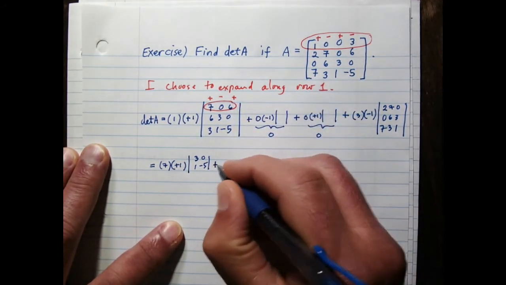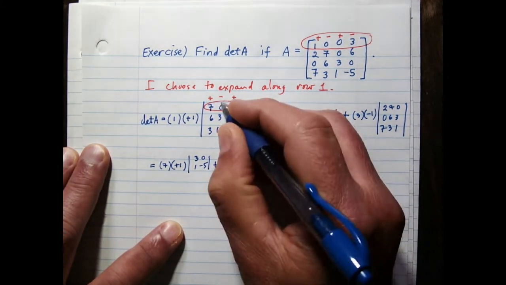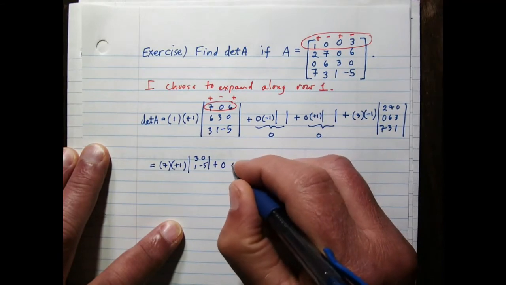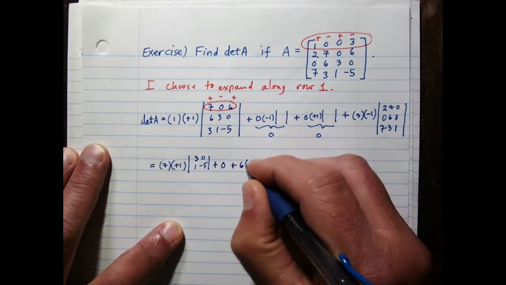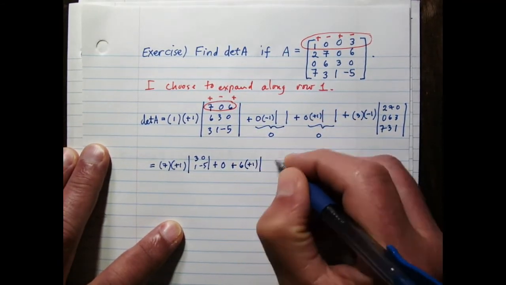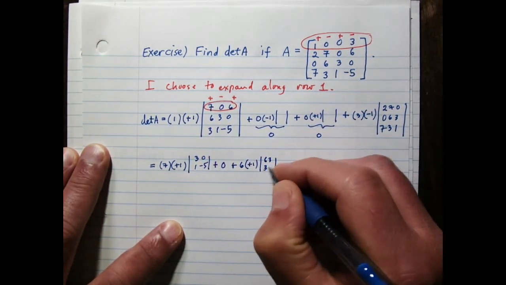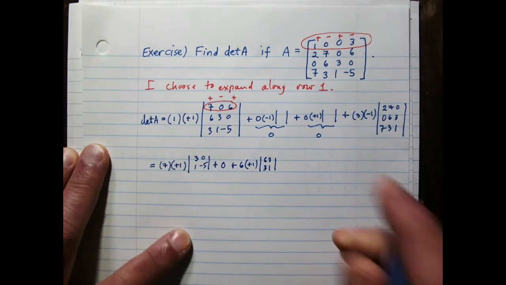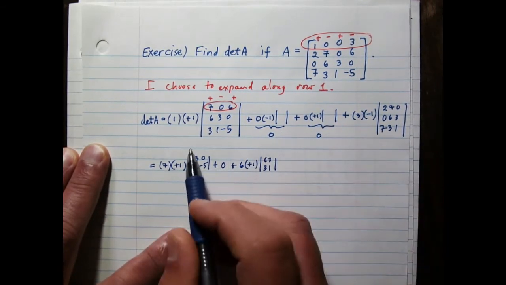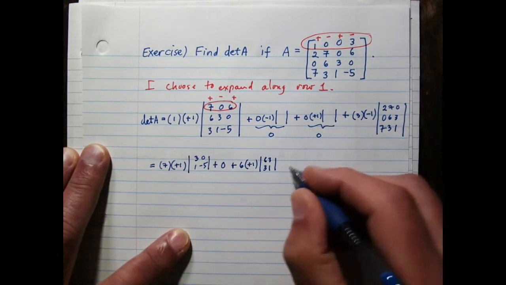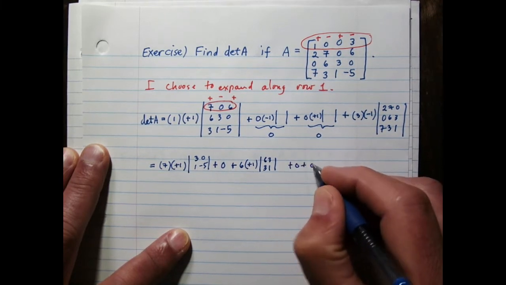And then I get plus a 0, so I don't have to worry about that middle term, plus 6 times a +1 times a 2 by 2 determinant, I get 6, 3, 3, 1, I believe. And now I get plus 0, so I get my 0 stuff.